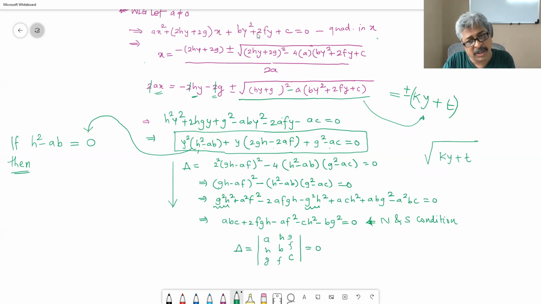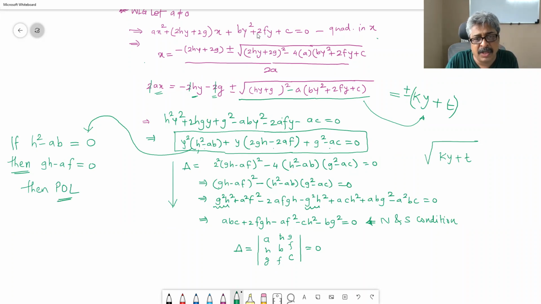If this other term is not 0, fair enough, we will get a square root of some bad number, but at least these must be 0. And therefore, if H square minus AB is 0, then we must get GH minus AF equal to 0, then pair of lines.